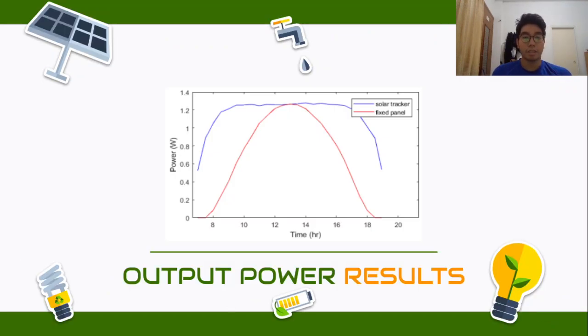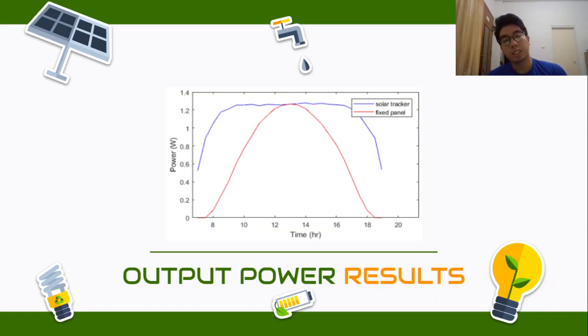As for the last image right here, we can see the output power results using the solar tracker and the fixed panel. From using the solar tracker, the PV panel follows the solar radiation, allowing maximum output power of the PV panel throughout the day.